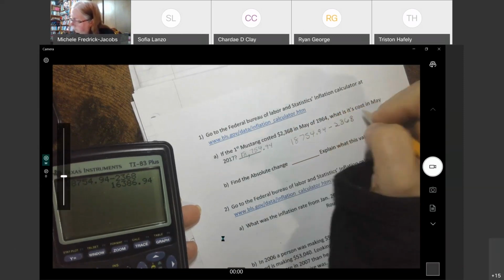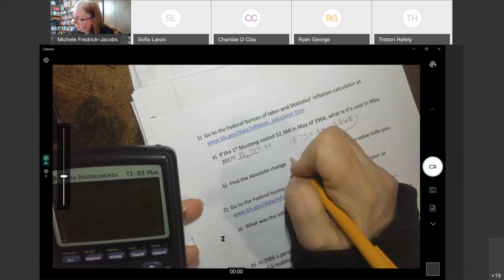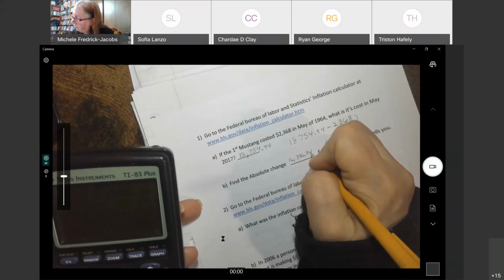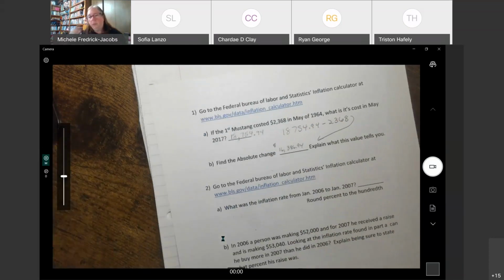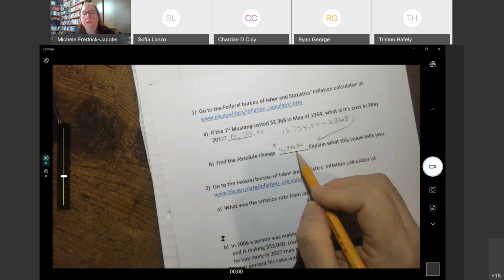And we get $16,386.94. And because absolute change keeps the same units, these were in dollars, so this is dollars.